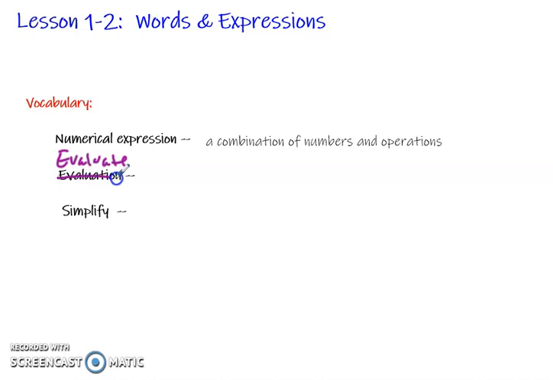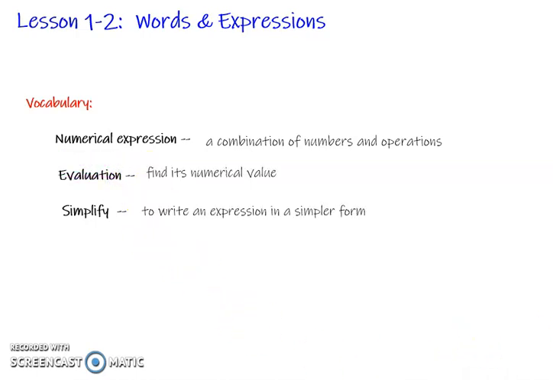Evaluate means to change this into just a numerical value. So you're simplifying it down to one number. If it says 15 divided by 5, you're going to change that into 3. You're going to evaluate it at 3.